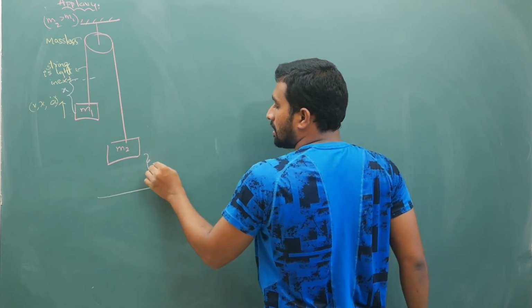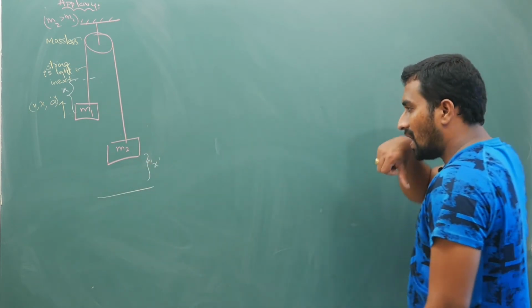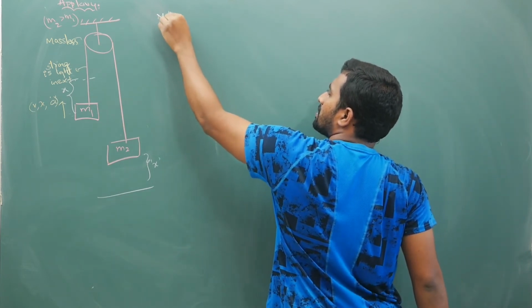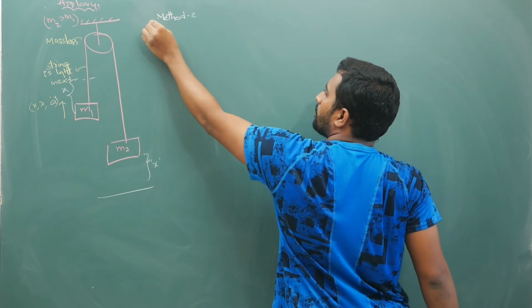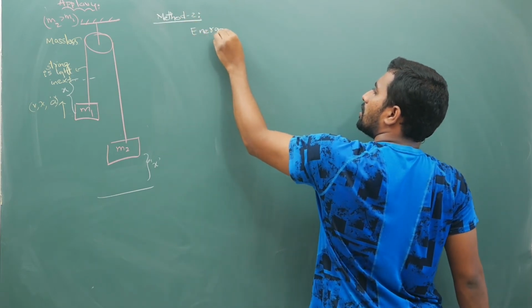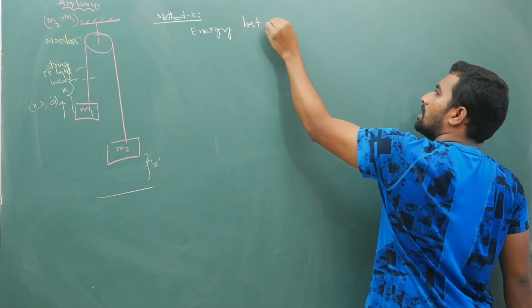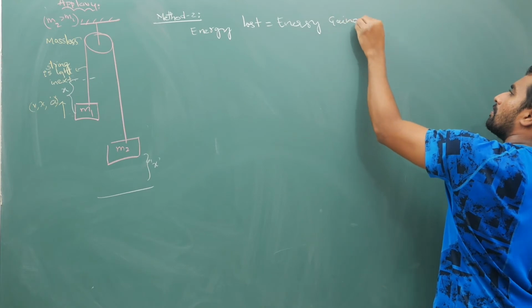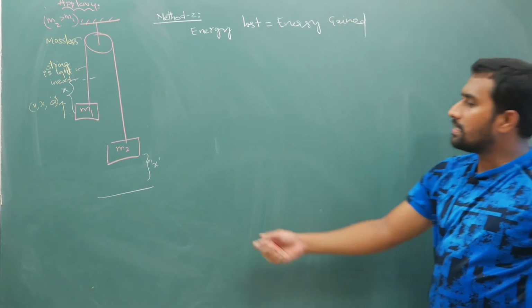Let us say this is coming down by x. Now your second method, method 2, the energy conservation theorem is: energy lost is equal to energy gained. What is the energy lost?